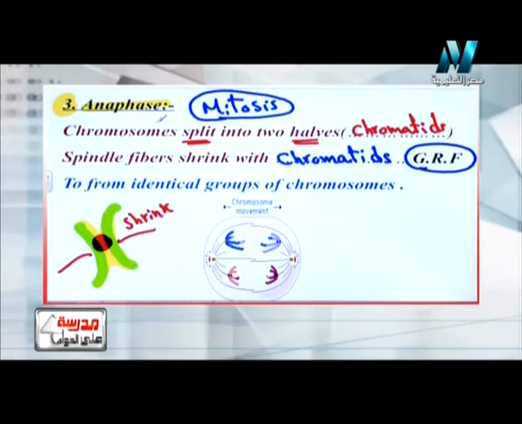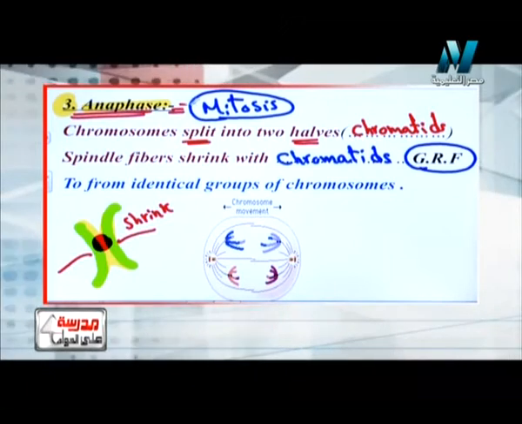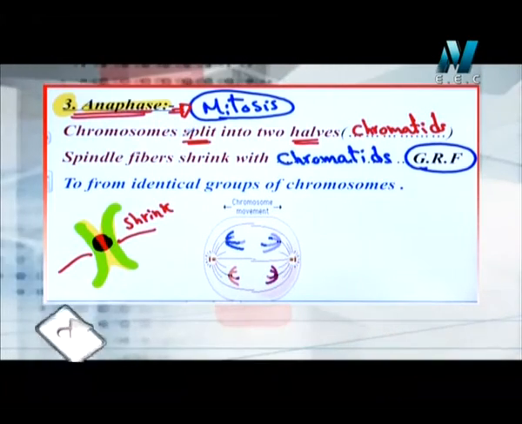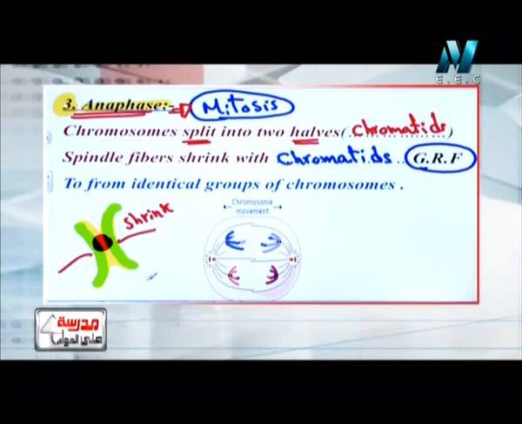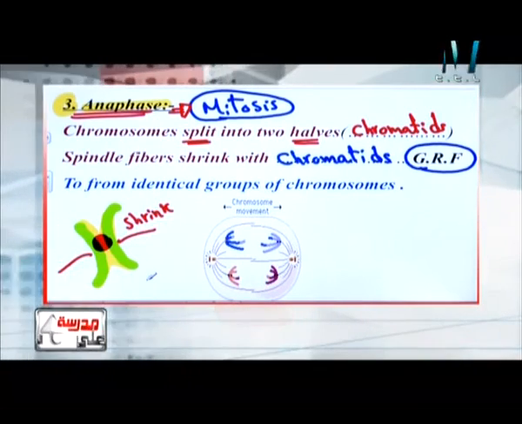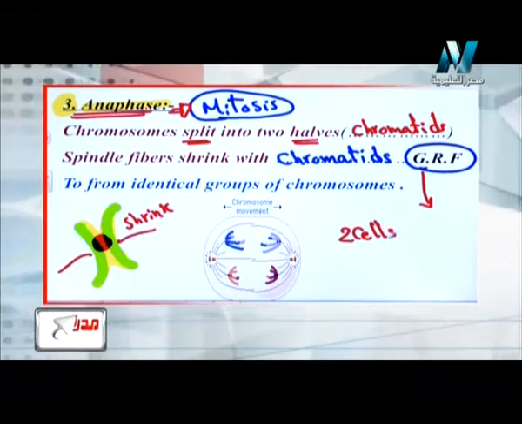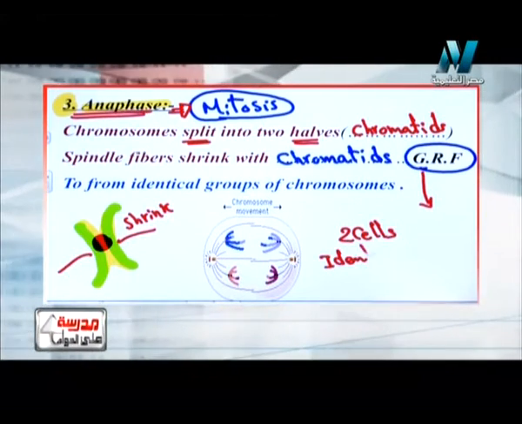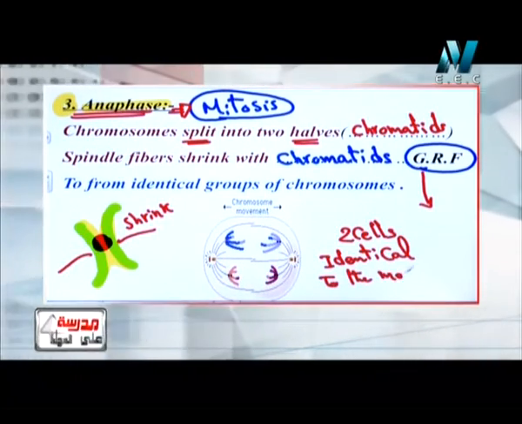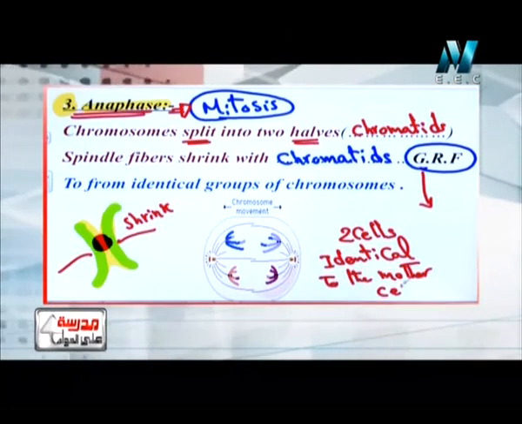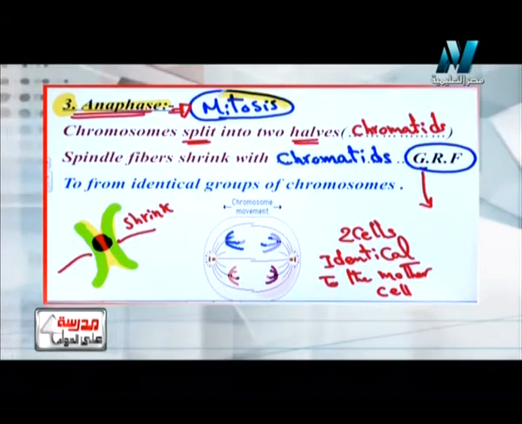So if the question says give reason, during anaphase of mitosis division, it is as if it gave us the answer: mitosis produces two cells identical to the mother cell, because the question says mitosis.